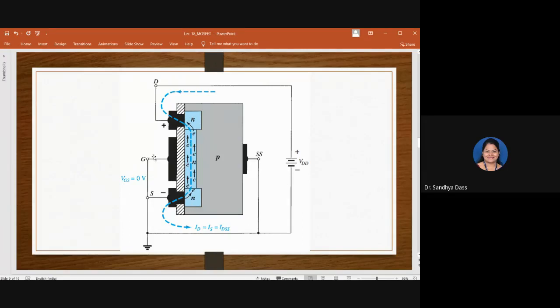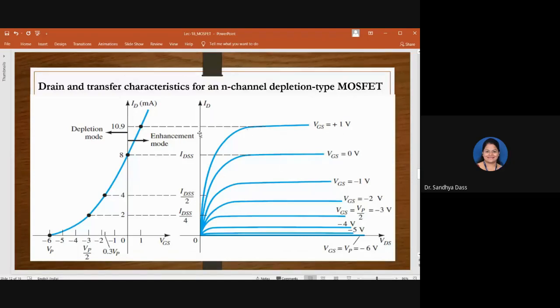Making the gate more positive, more electrons will be attracted towards the channel, increasing the concentration of electrons inside the channel. If the concentration of electrons in the channel is increased, it results in an increase in the drain current. When VGS is made positive, the level of drain current will be quite significantly more.